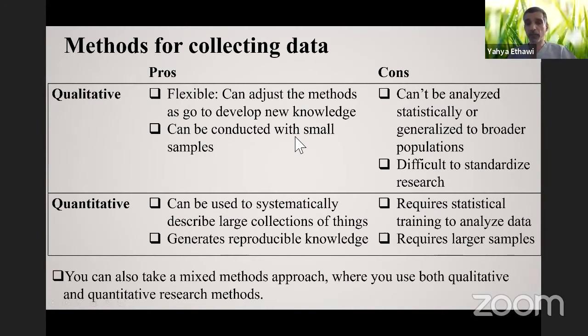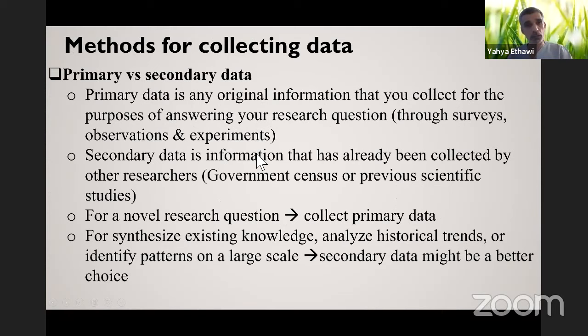So the method of collecting data again depends on whether it's qualitative or quantitative. Here I'm talking about the pros and cons of each one. Quantitative is easier and more systematic. Qualitative is a little bit flexible and a little bit vague. Again, is it primary or secondary data? Primary needs effort, it's limited data, you need to develop your own, you need resources and so on.